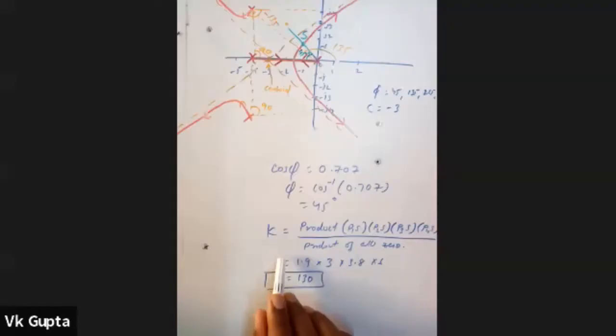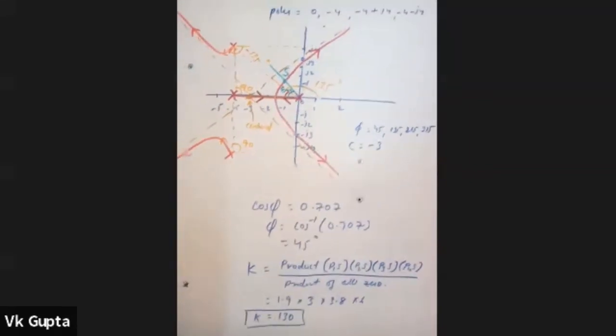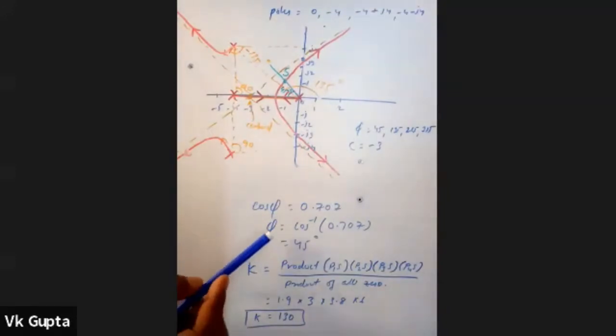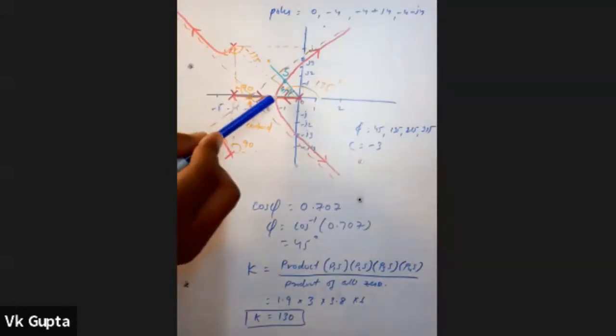This is rule number 9. How to find K when the damping factor is given. Again, I'll repeat. You have to measure the distance using a scale and it should be accurate. That's why all your diagrams should be accurate.